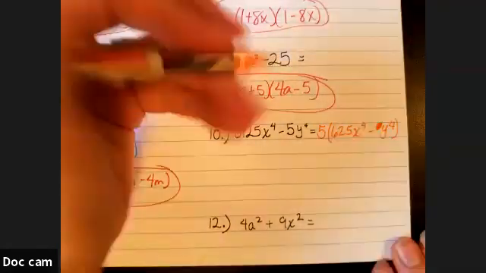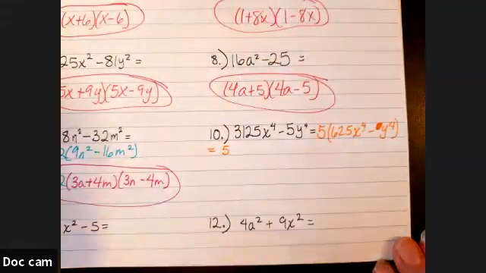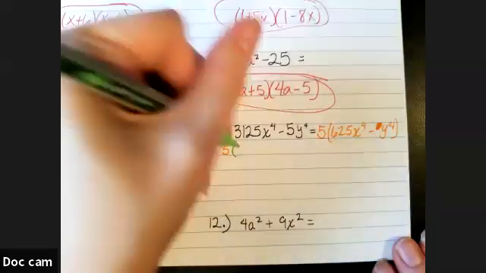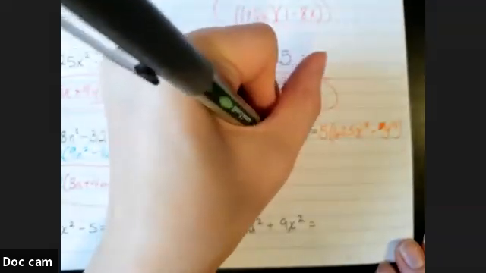So keep that 5 in the front. Then we have our difference of squares. So this is going to be 25x squared plus y squared times 25x squared minus y squared.